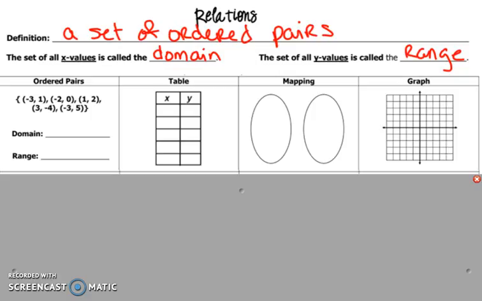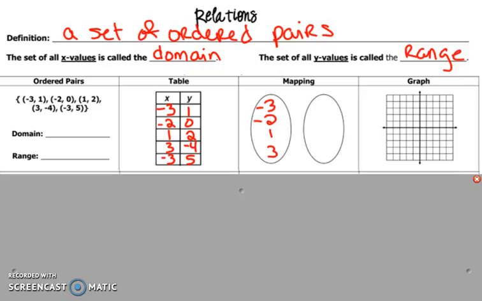Now, if we look at our first example, we're given a set of ordered pairs. So first, I'm going to put them in the table. My x is -3, 1, -2, 0, 1, 2, 3, -4, and -3, 5. Now, when I go to do my mapping, if we look, my top x and my bottom x are the same, so I only have to write it once, but -3, -2, 1, and 3.